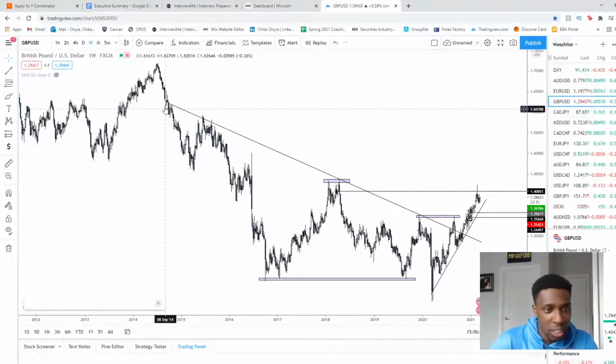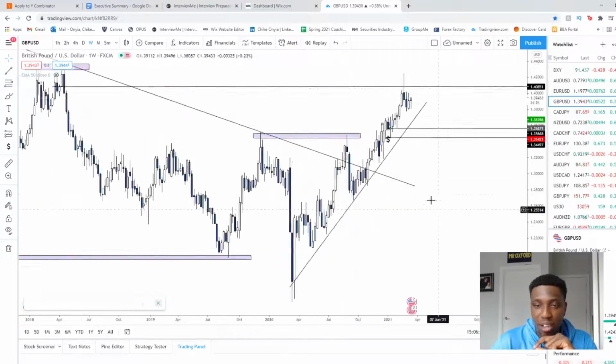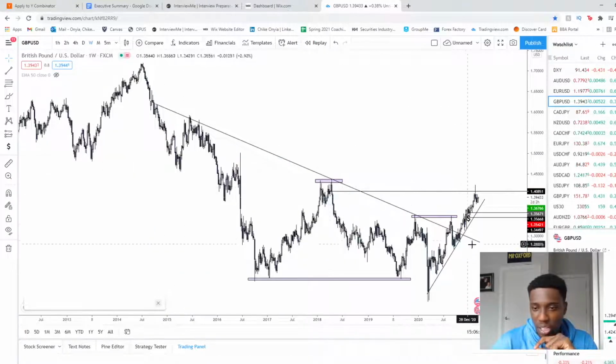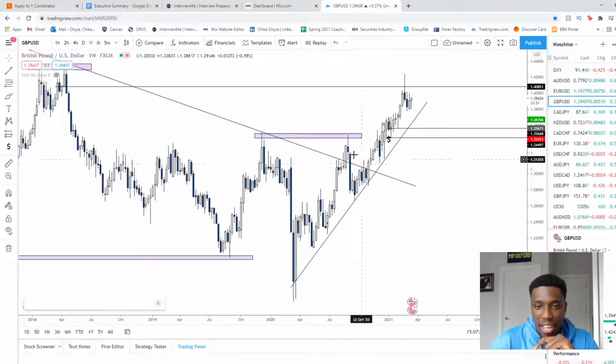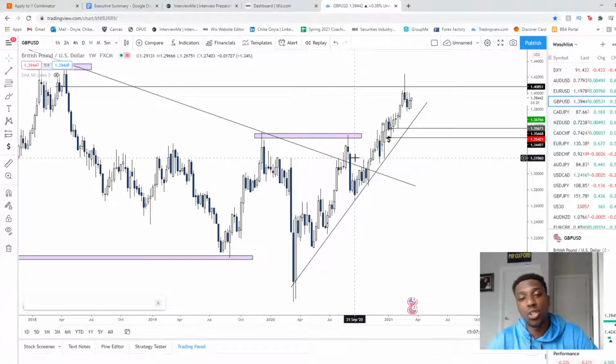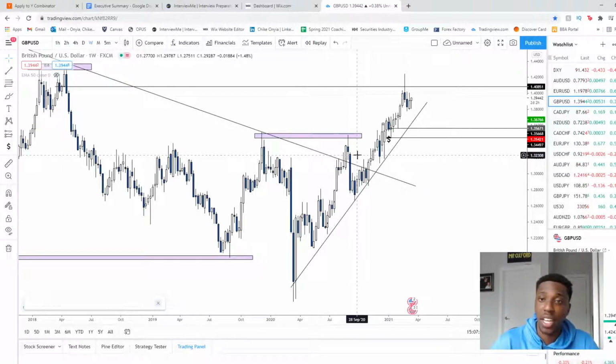On the weekly, we have this long, massive trend line. This has been happening over the past 5 years, and we recently got a breakout, I believe around the end of 2020. This trend line spans all the way down here, and we got a breakout in the dollar, and the dollar started to weaken across many other pairs. This is primarily due to the onset of the pandemic and America's poor political handling of the pandemic.